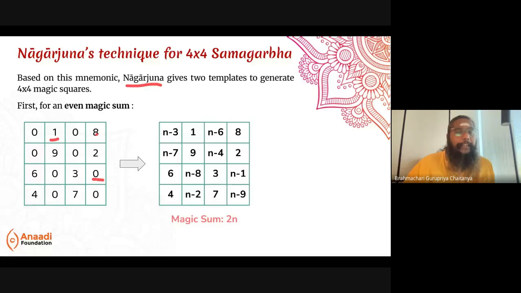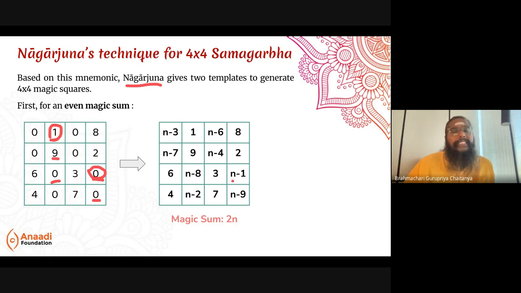For 8, if you diagonally skip one place and come here, you will land here. For 9, the diagonally across cell would be here. Is this clear for all? Now, for 1, the diagonally across cell is this.